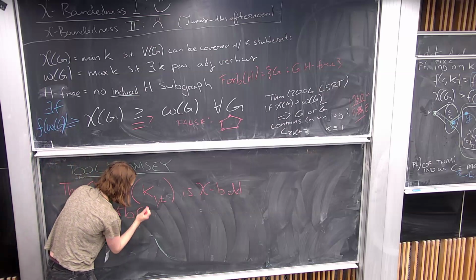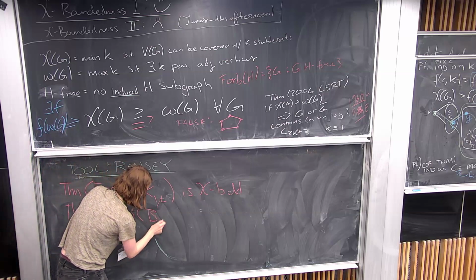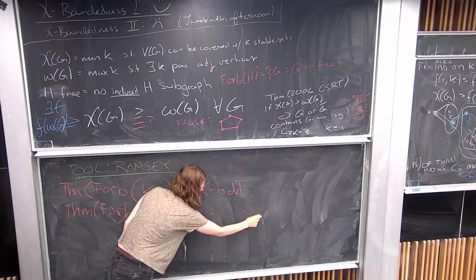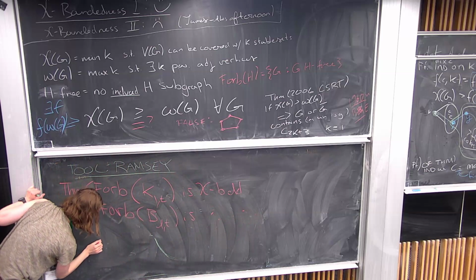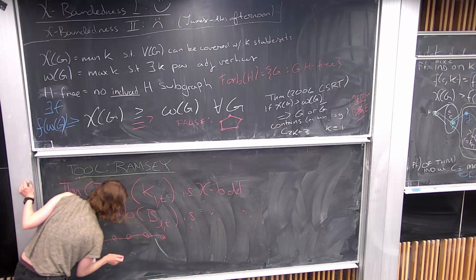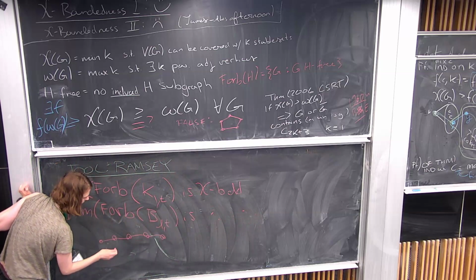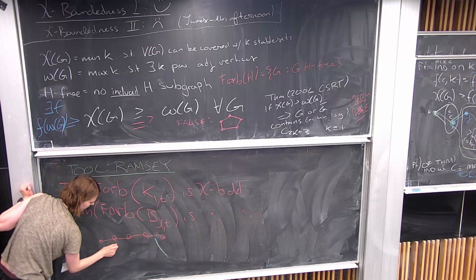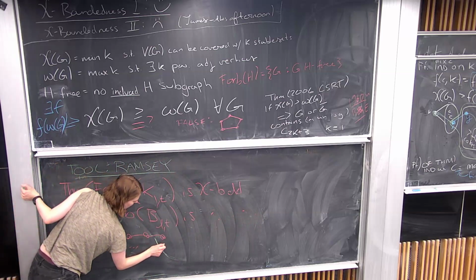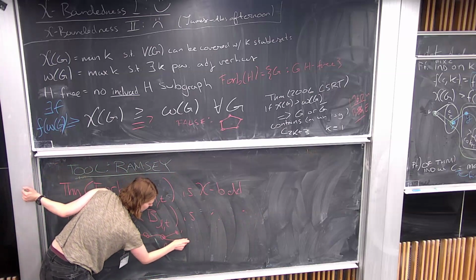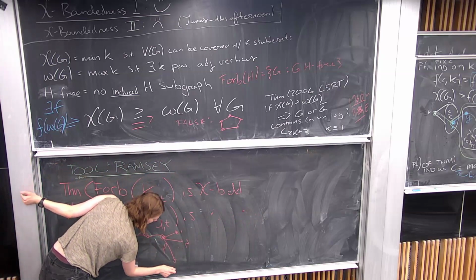So I'm going to call it B_{L,T}, where B_{L,T} is you take a path of length L and a star with T leaves, and you identify one of the ends with the root. So 1, 2, up to L, and then you'd get 1, 2, up to T vertices.